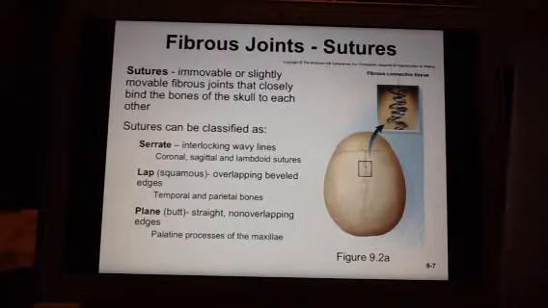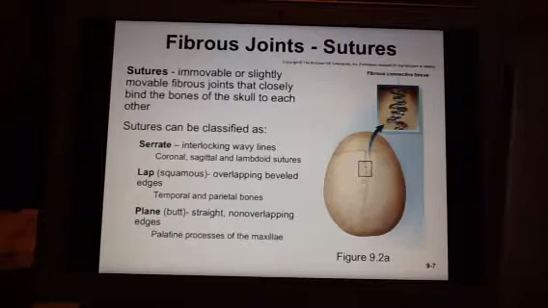So sutures are easy. They're immovable or slightly movable fibrous joints, and we see them in the bones of the skull. And so they can be 3 different types, and we'll see on the next slide some pictures of each one. They can be interlocking wavy lines, and those are called a serrate suture. They can be overlapping beveled edges, and that's called a lap suture.